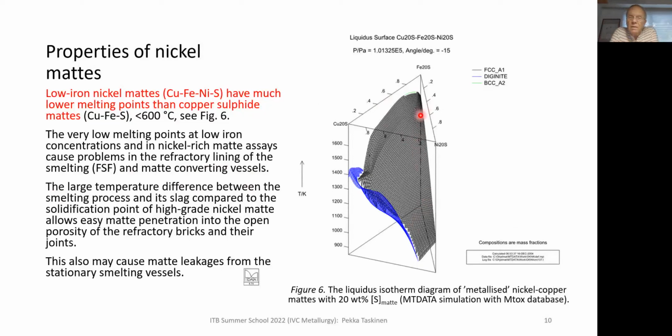This is the liquidus surface in a 3D presentation for a slightly different matte system now containing 20 weight% sulfur, and you can see that the lowest temperatures here are below 900 K, which is about 600 degrees centigrade.